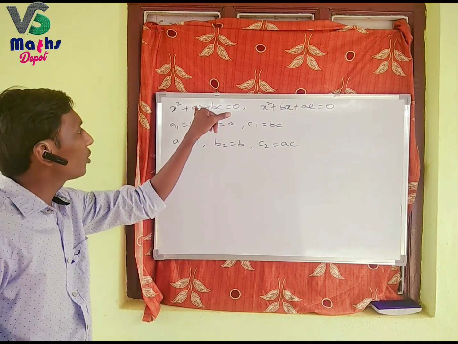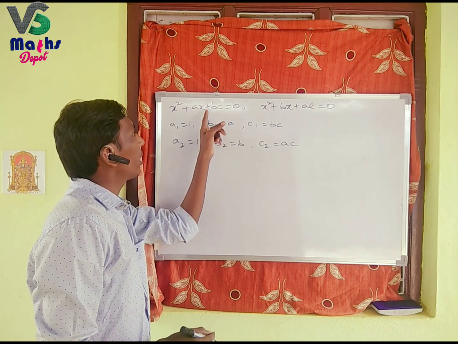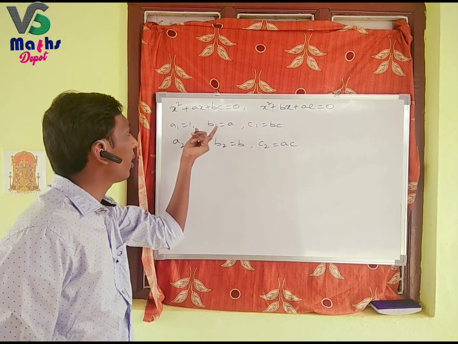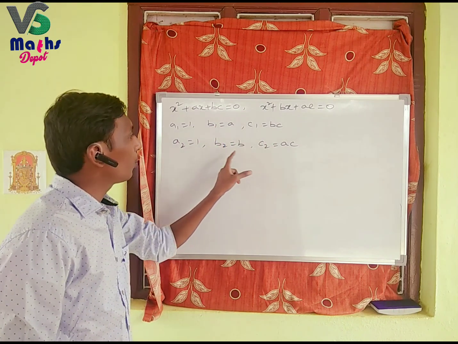So comparing these two equations with the general forms, we are getting the values of a1, b1, c1 and a2, b2, c2.